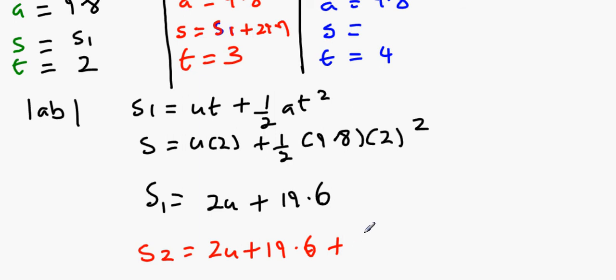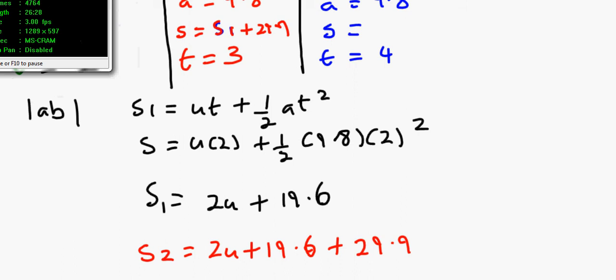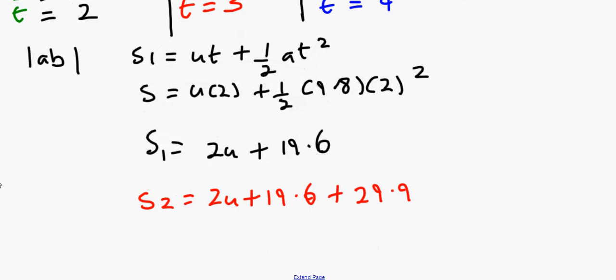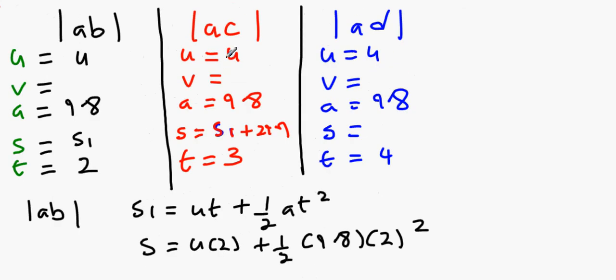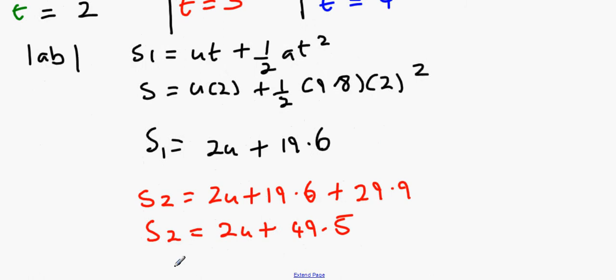So S2 equals 2U plus 49.5. So we have a value for S2. Now we can also get a value for S2 by using UT plus a half AT squared as well, and hopefully we can equate them together.